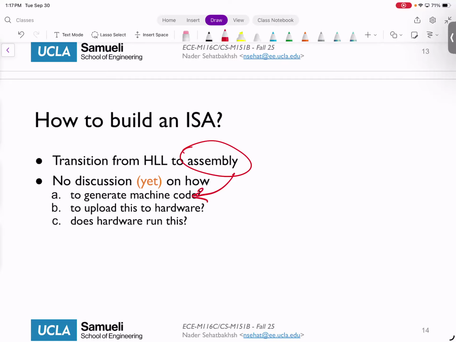The machine code is based on the specifics of the hardware. From that, we need to upload it into the memory of the hardware, and then we need to be able to run it on our hardware. So this is a very simplistic version of how we run programs on our computers. Okay? So let's focus on this one first, and then we're going to talk a little bit about this one in this lecture as well. And next week, we're going to talk about these two other parts. Okay?